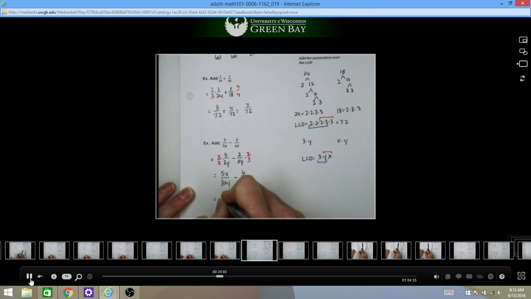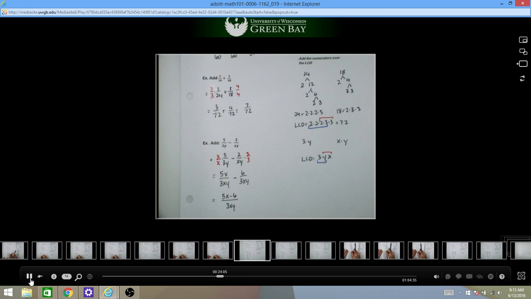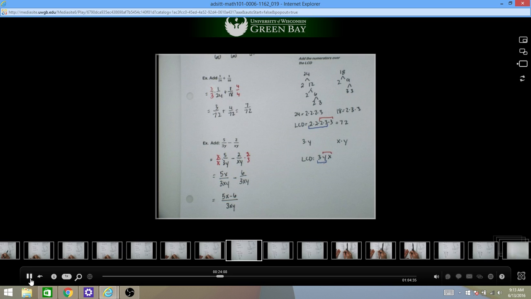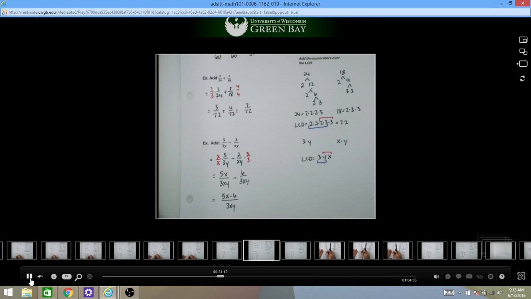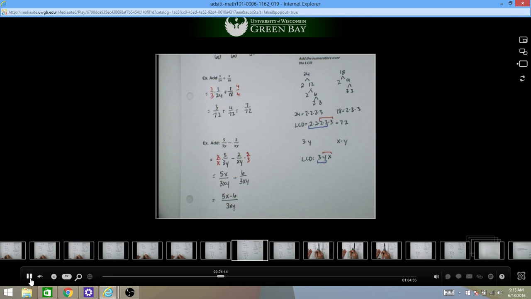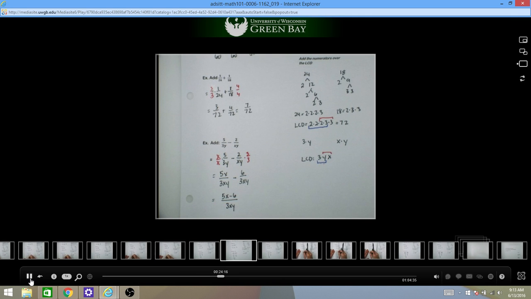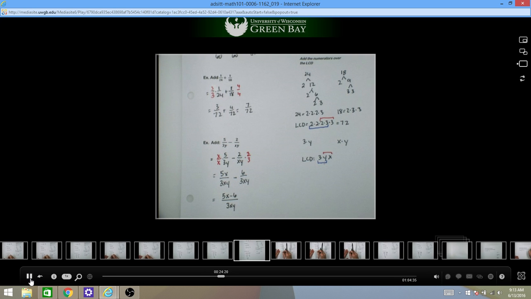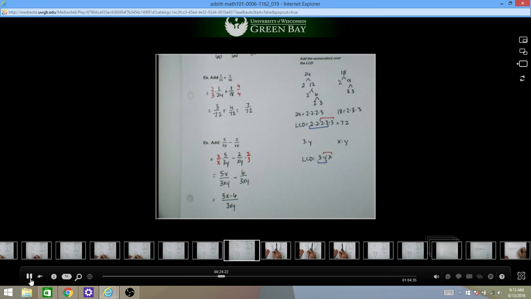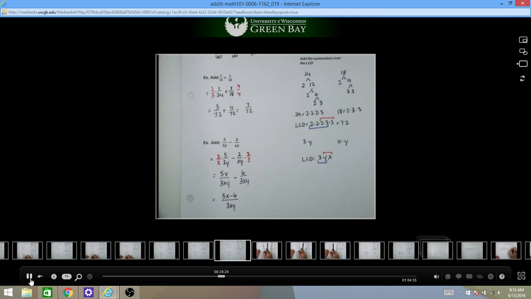So fractions have to have the same denominators to be added or subtracted. The least common denominator is the smallest product. Okay, product means multiplying, so the smallest stuff multiplying together that contains each denominator as a factor. So as we're building up our fractions, remember the reason we do that is because we're multiplying by 1.